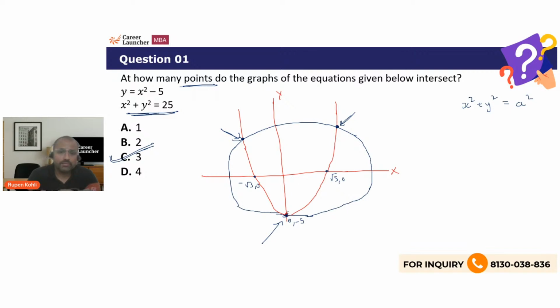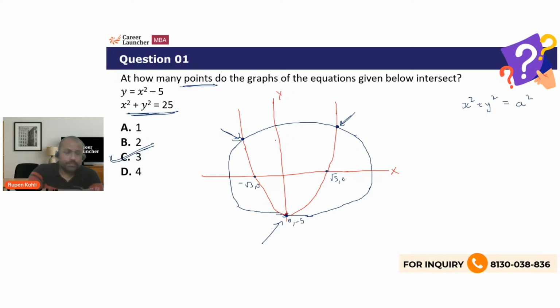So at the vertex, the curves are touching each other. At the other 2 points, they are intersecting each other, right? The point where the curves touch each other is also called a point of intersection. All right. So standard graphs whose intersection we had to identify. So this is completely a question of graph, right?